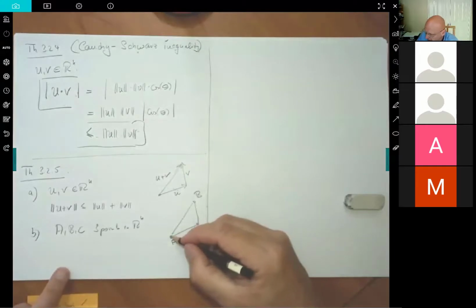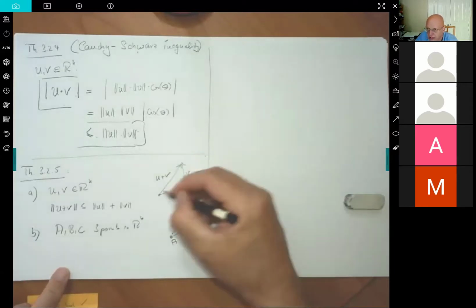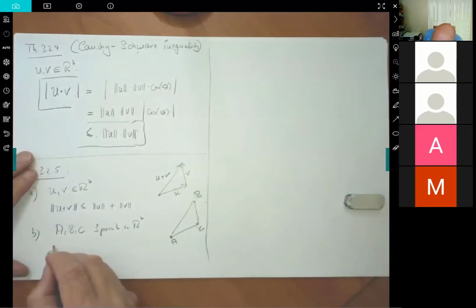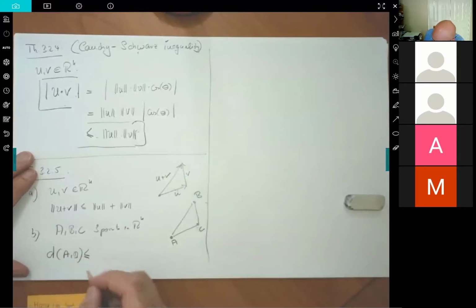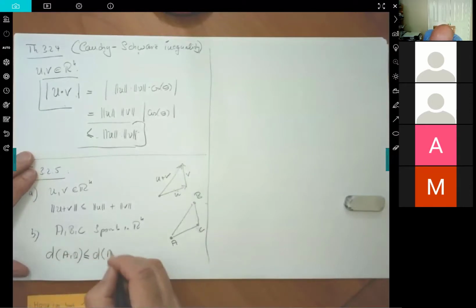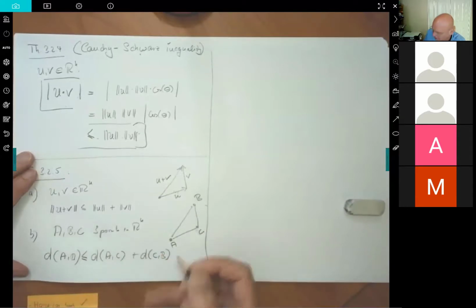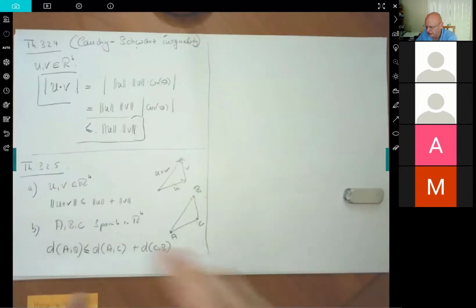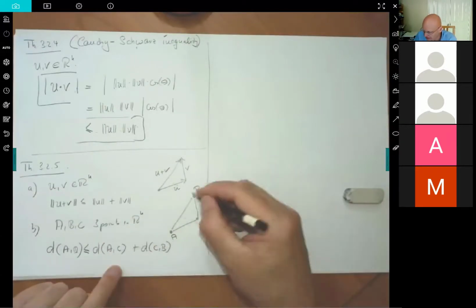So then the distance from A to B is shorter than the distance from A to C plus the distance from C to B. So it matches this up here. So then the distance from A to B is always smaller or equal to the distance from A to C plus the distance from C to B. That essentially means no matter which detour you take, it's always longer. No? But it's the same statement.